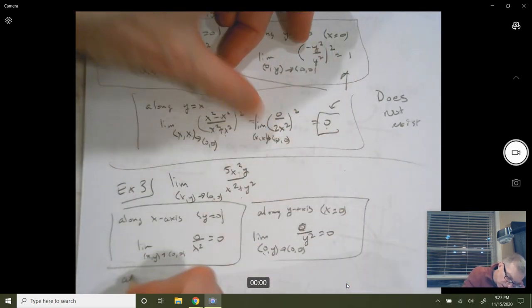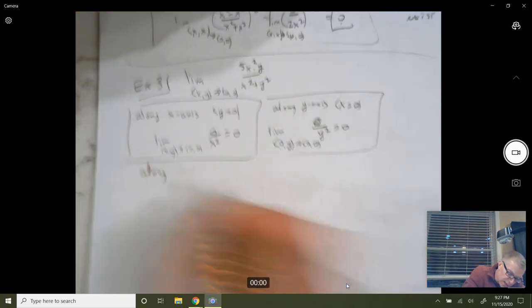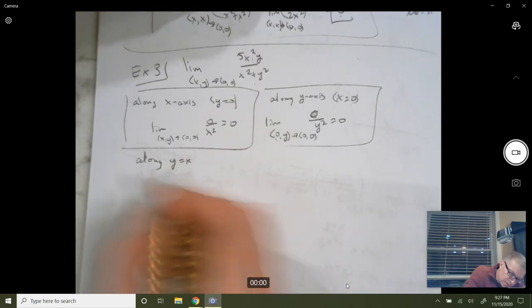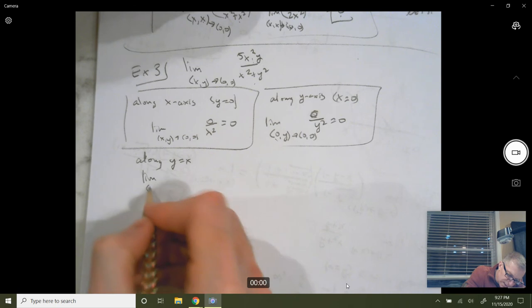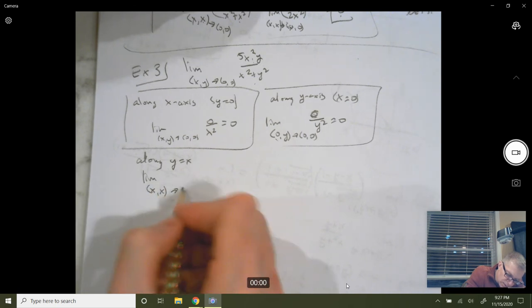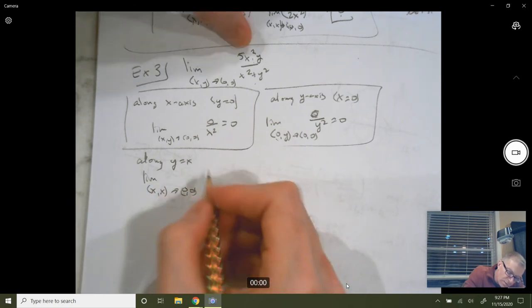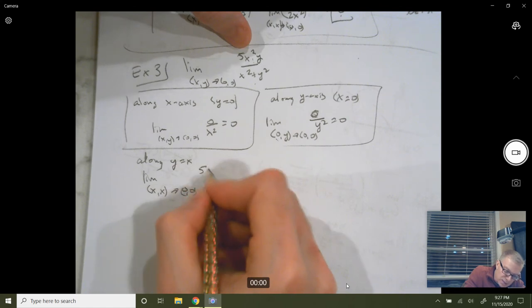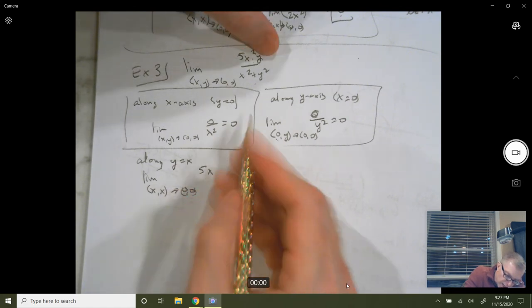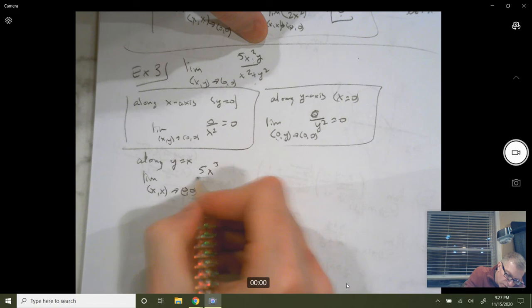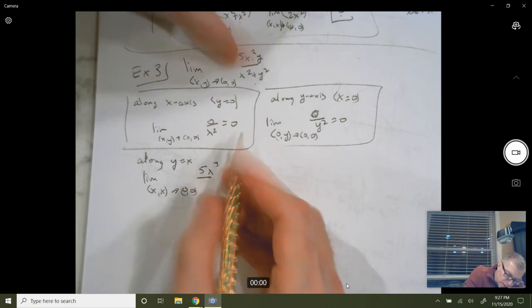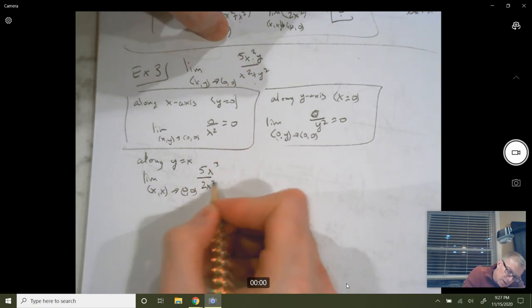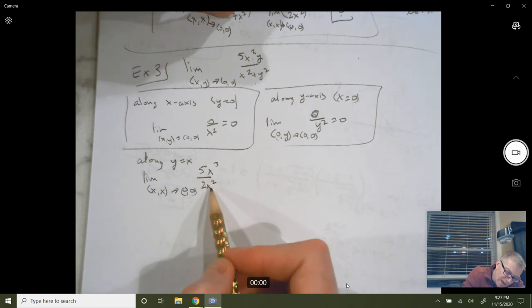Okay, I'm going to try another pathway, say along y equals x. So this is the limit as (x, x) approaches (0, 0) of, it's going to be 5x squared times x if y is x, so 5x cubed over x squared plus another x squared, 2x squared.